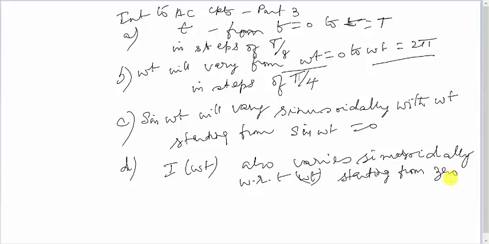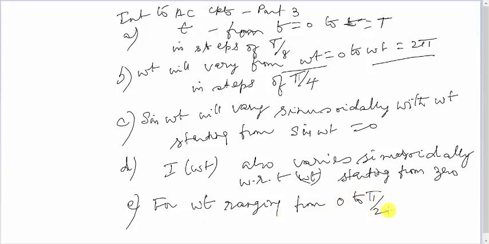Apart from this, you also should remember that for omega t ranging from 0 to pi by 2, the quadrant will be the first quadrant.